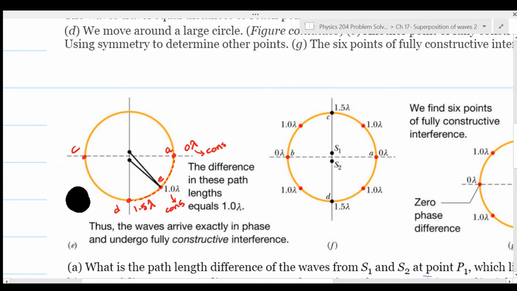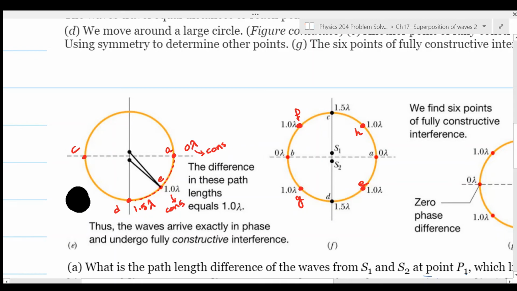And then, by symmetry, we can see that if the path length difference here at this point E is 1 lambda, then by symmetry there has to be a point over here as well, we can name it F, and a point here as well, we can name it G, and a point here as well, let's name it H, where we have a constructive interference.